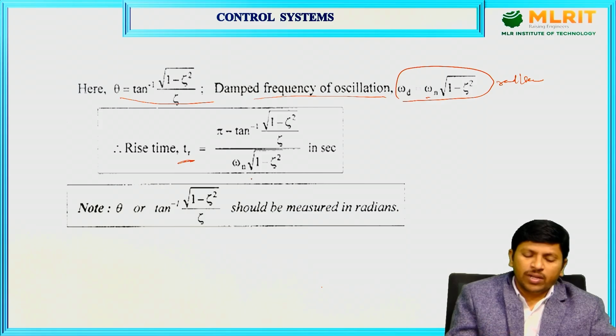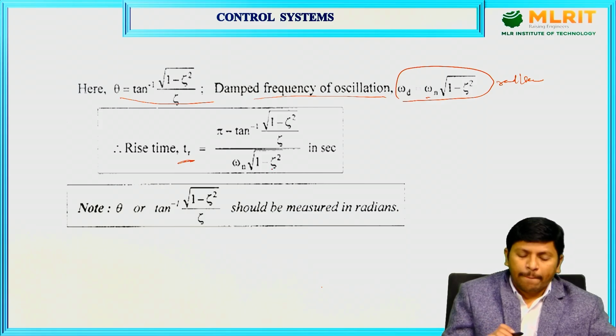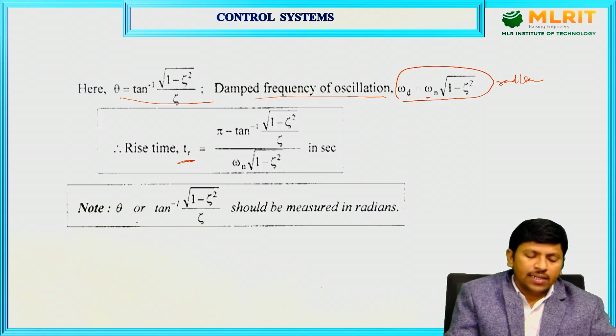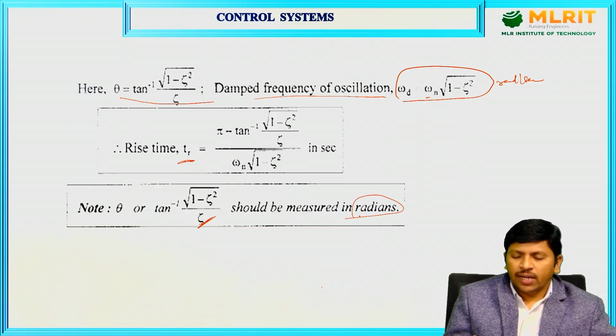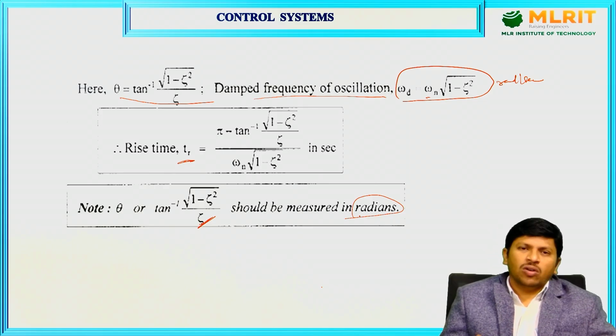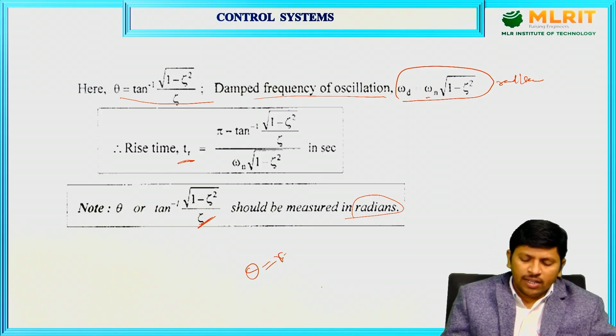So theta, or tan inverse of under root 1 minus zeta square by zeta, should be measured in radians only.